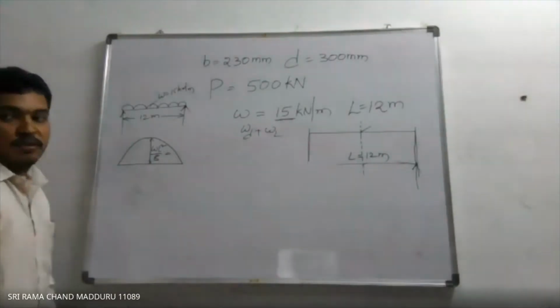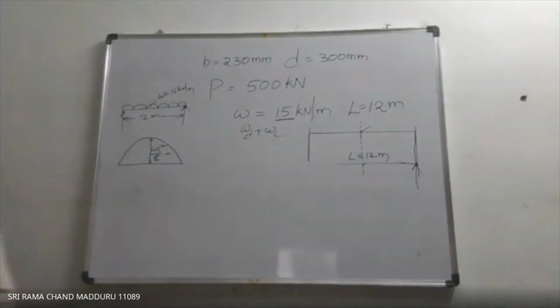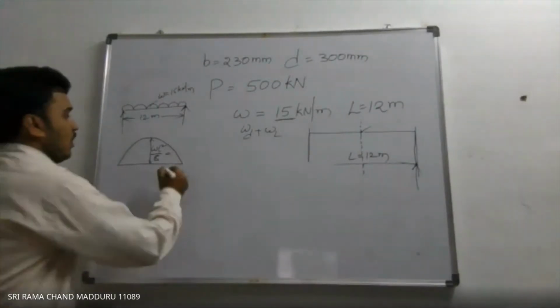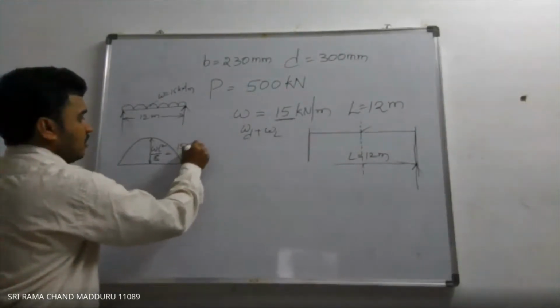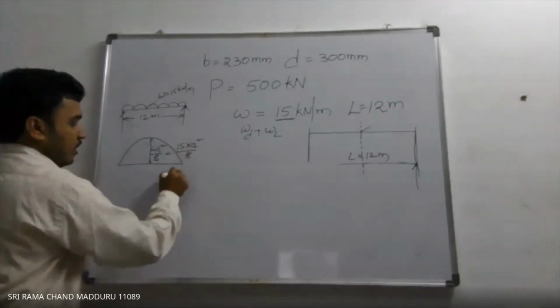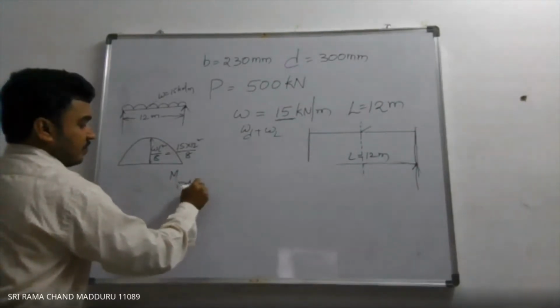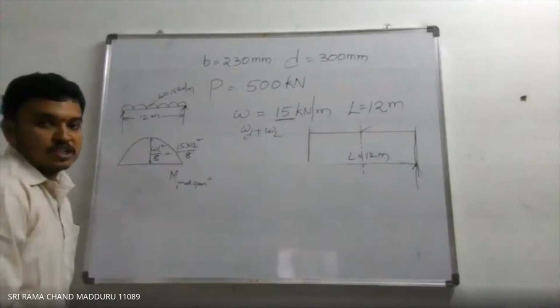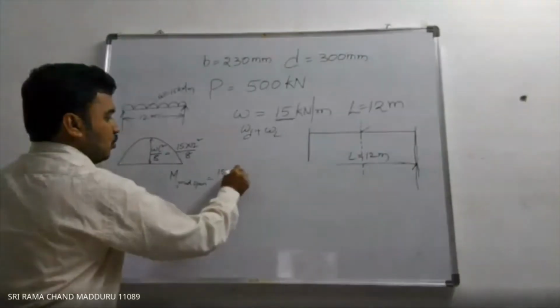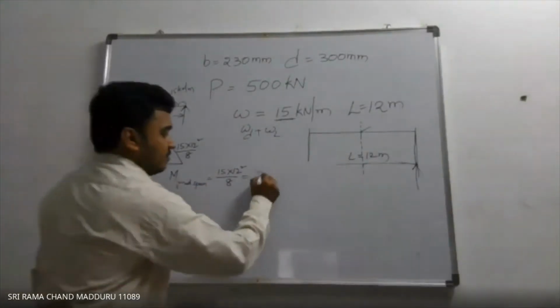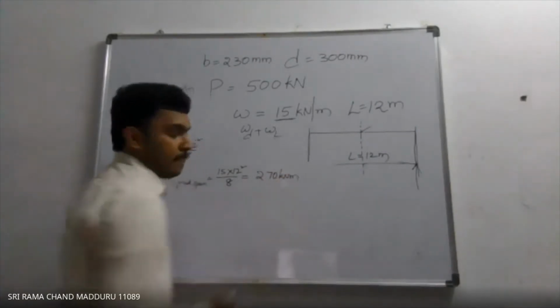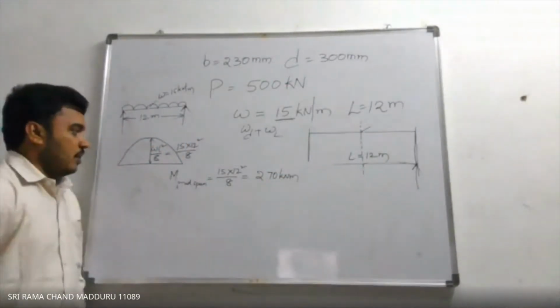So write down moment at midspan is equal to 15 into 12 squared by 8, which is 270.